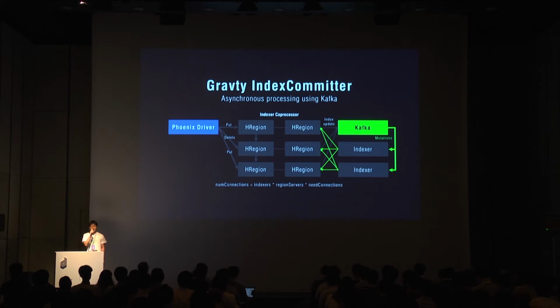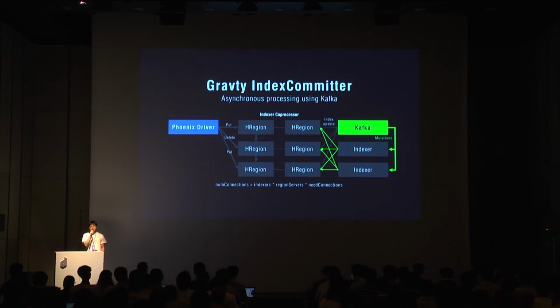To reduce the number of RPCs, we decided to use Kafka and take more control over index processing streams. In the case of Gravty, instead of sending index updates to target region servers, the Phoenix coprocessor sends them to Kafka. Afterwards, the indexers consume the requests in the Kafka queue and send them to the target region server.